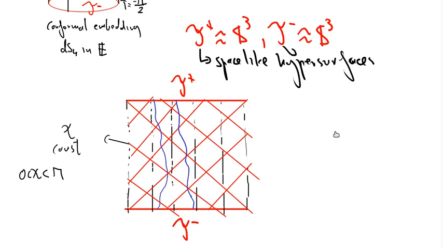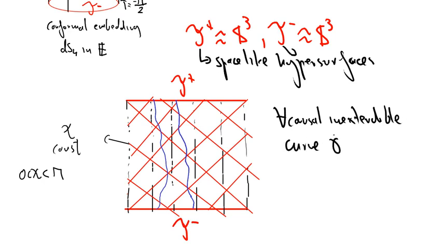A property which we can see just by looking at the diagram is that for any causal inextensible curve, we have the following.